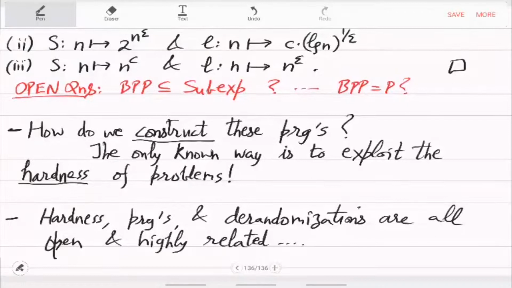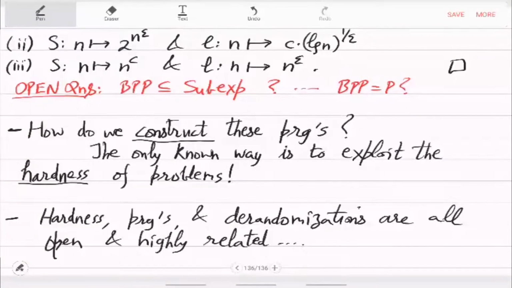Okay, this is what we will now see, and we will spend the remaining course on these connections. You have already seen this easy connection from PRG to de-randomization. Now we will move on to the harder connection, which is between hardness and PRGs.